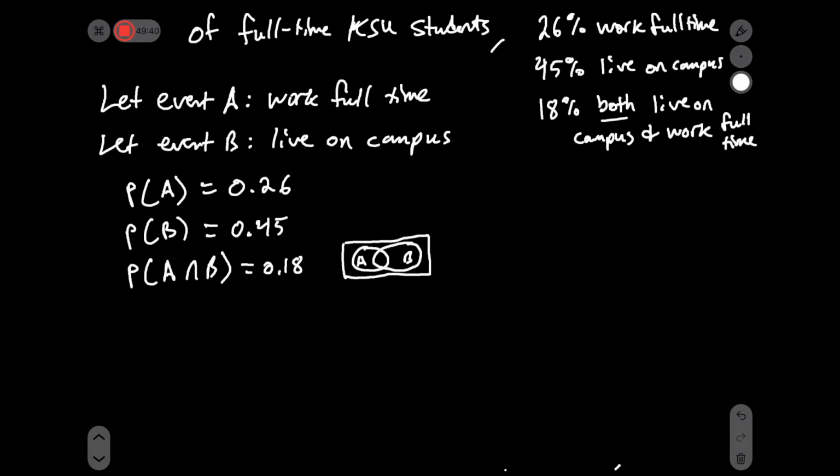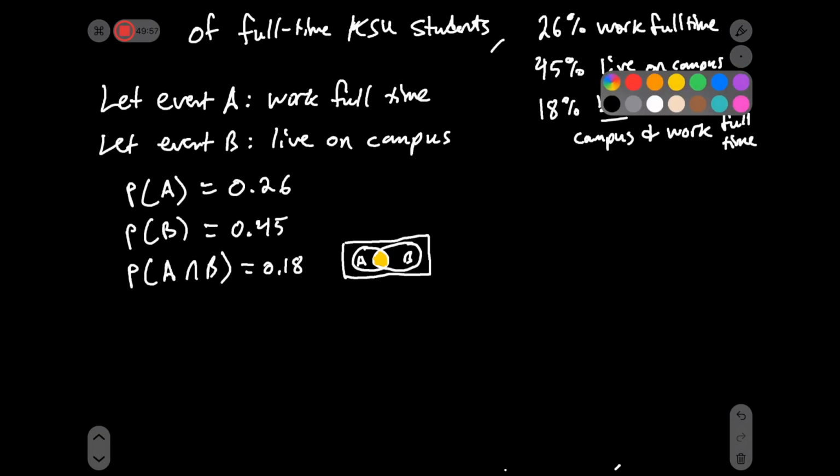Okay, so by saying the probability of A intersection B, we are talking about this portion here that I'm sort of filling in with yellow, just the intersection of these two groups.